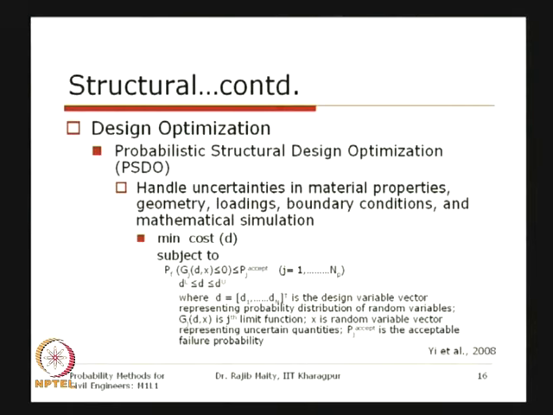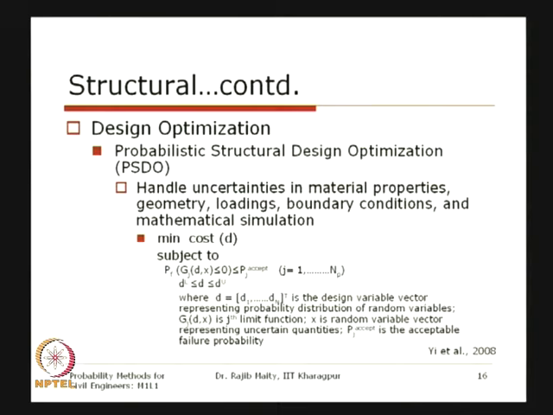For example, the material properties, which are one of the most important sources of uncertainty. Then the geometry of the structure. Then the loading pattern, including dead load, live load, wind load, seismic load, and of course different combinations. These loading patterns are also a most important source of uncertainty.